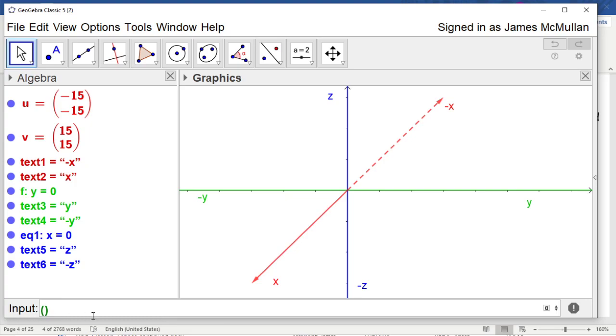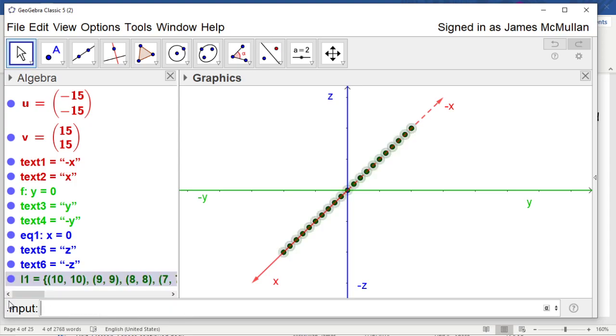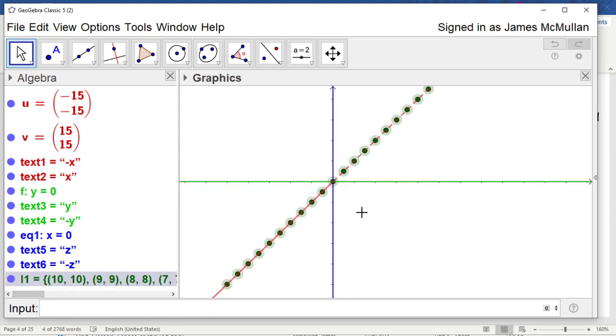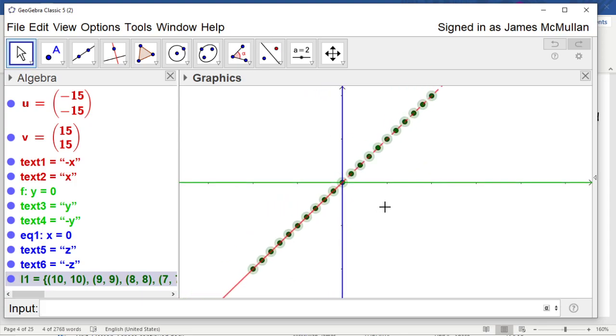So what I'm going to do here, I think this might just make it slightly easier to understand: k from negative 10 to 10. Okay, I think that's good, but let's zoom it in so they're not so, oh right, okay, sorry.